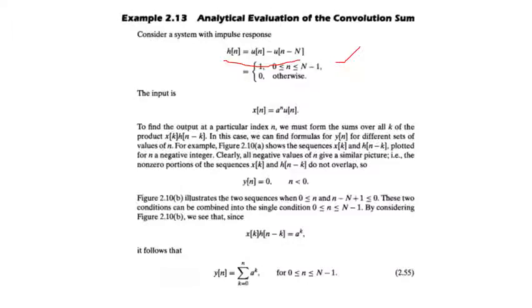Then we have this x of n signal, which is exponential, and exponential on the right side only because of the u of n. So we have to find out the convolution sum of these two signals, x of n, h of n. So for that we need to obtain x of k first and h of n minus k.